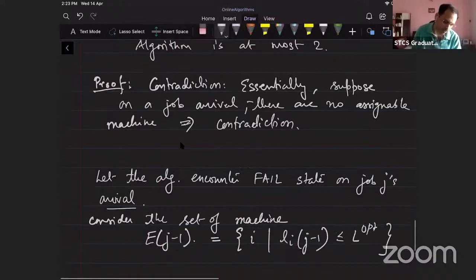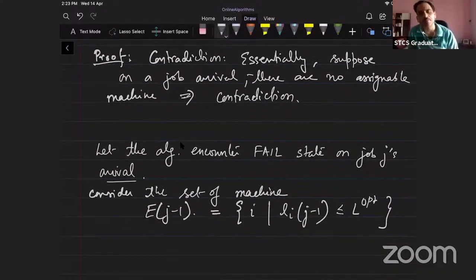Okay. So in the algorithm we checked something, the comparisons are made with respect to 2 times lambda. Here I am making comparison with respect to LOPT. So this is only for the proof. So is the definition of E_{J-1} clear? E_{J-1} is a set of machines whose load just before the arrival of job J is at most LOPT.